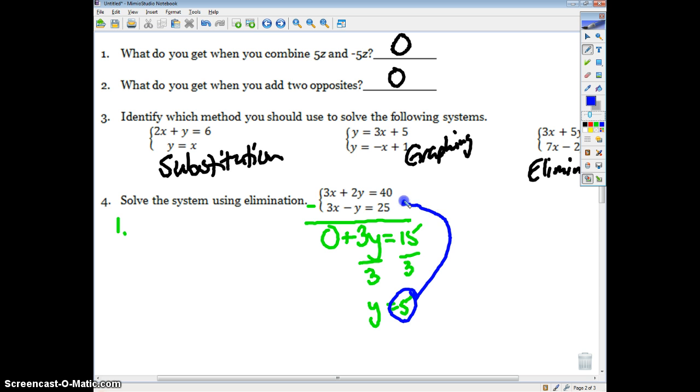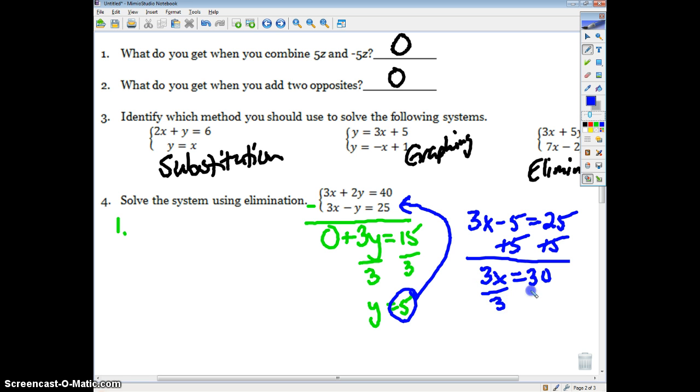To me, the bottom equation looks a little bit easier to use, so I'm going to do that. Okay, so it appears that our solution to this system of equations is 10, 5, which means if we were going to graph these, they would intersect at the point 10, 5.